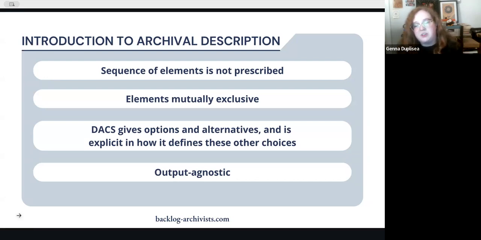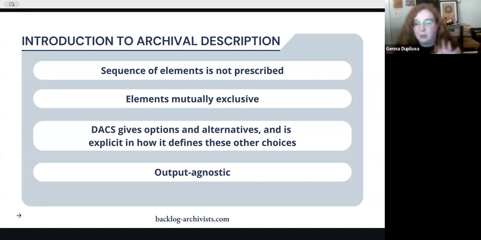DACS also gives options and alternatives when it's giving guidance, and it's very explicit in how it defines something being optional or something being alternative. So it's not just saying, do this thing in this way. You can also do this other thing, or alternatively, this other thing. But it's really explicit as to when alternatives or other options are appropriate. I'm probably not explaining it very well, but with the examples that DACS gives, it's much more clear.